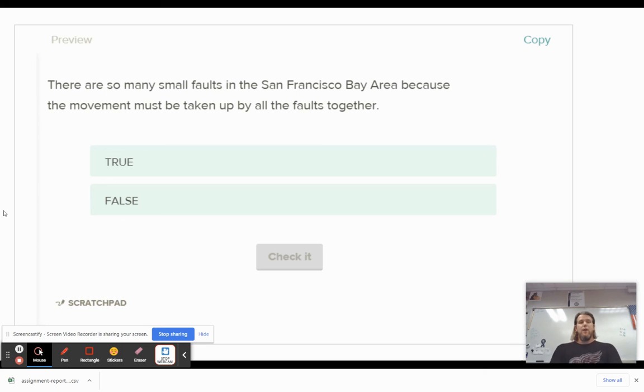And there are so many faults in the San Francisco Bay Area because the movement must be taken up by all the faults together. So this one, we saw on the Prezi presentation, that map of San Francisco and all of those faults. Anytime there's a fault, they can transfer stress to another one. It's almost like if I was holding a bunch of books in each hand, or let's say I had a wooden board, say a 2x4, and I was holding it.